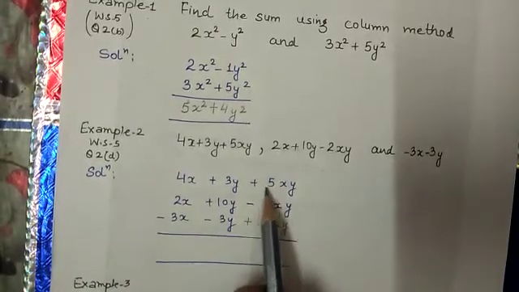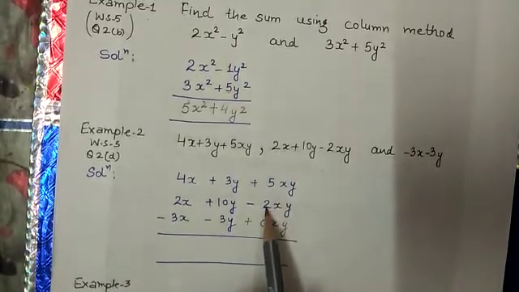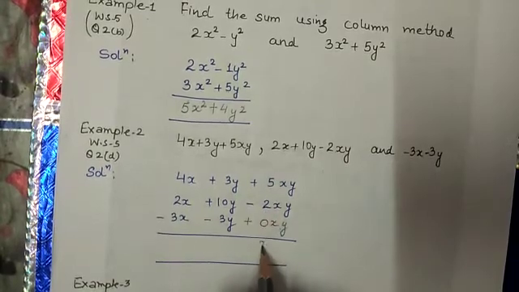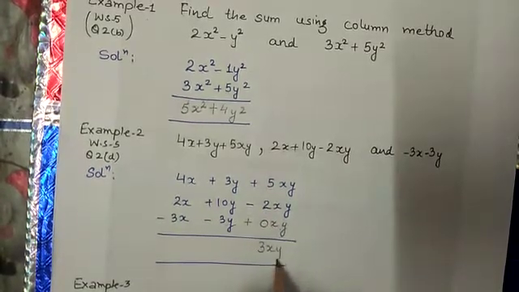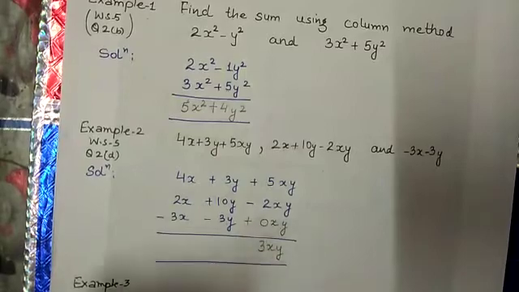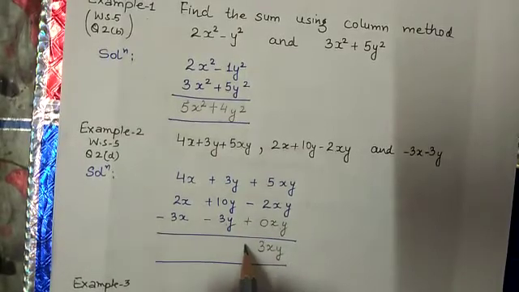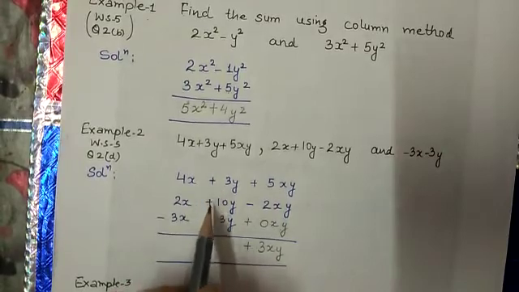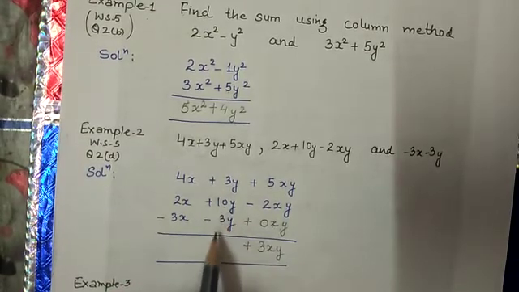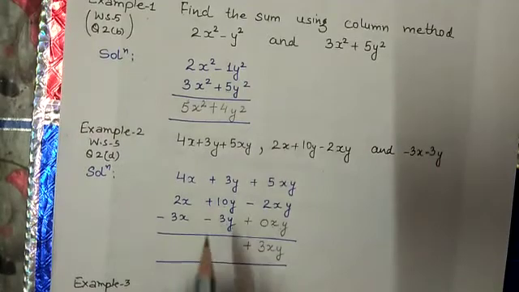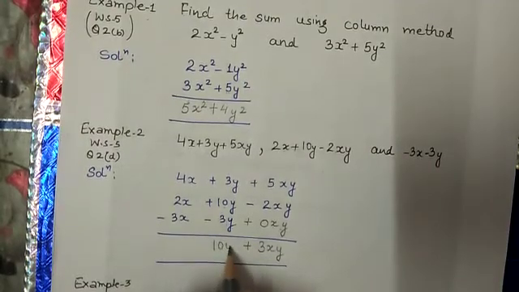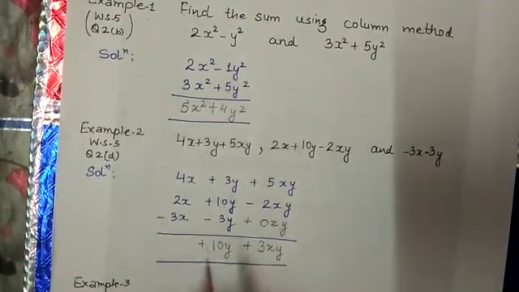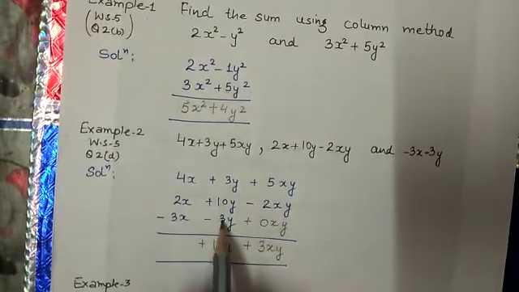Now 5xy minus 2xy will become 3xy. 0 has no value, so I have not discussed it now. Now 10 and 3 positive, so 13y minus 3y is equal to 10y. One more thing, plus 3y minus 3y.